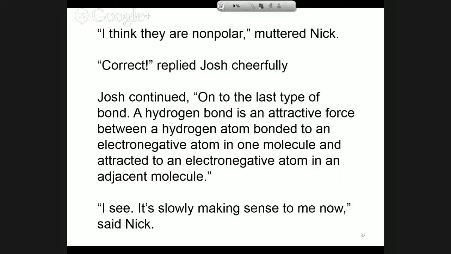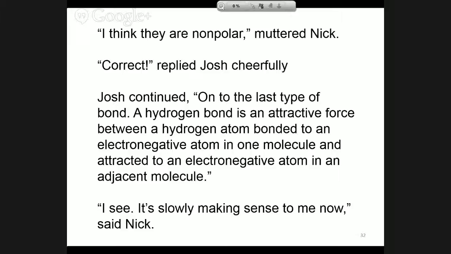It can seem a little confusing, so I want to parse it out a little bit for you. When hydrogen is part of a polar covalent bond, meaning when it's bonded to oxygen or nitrogen, but not when it's bonded to carbon or itself, it can be attracted to other elements within a molecule.